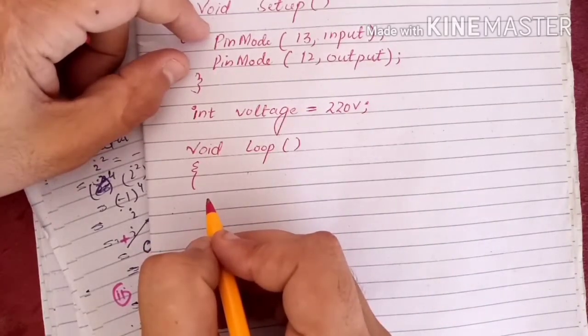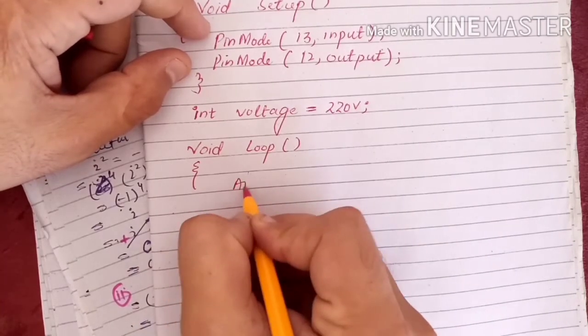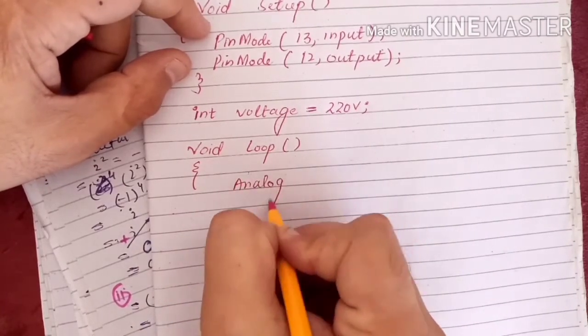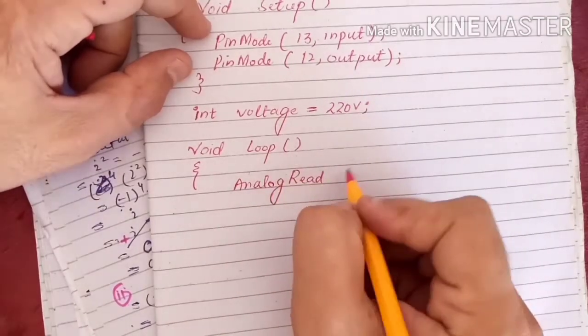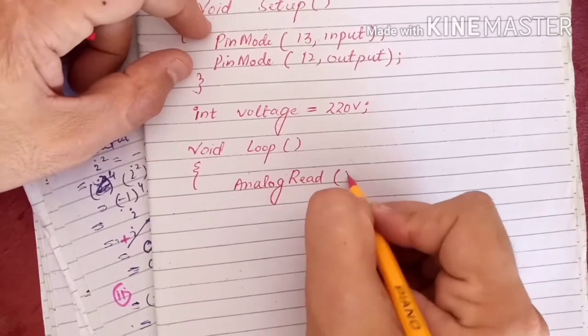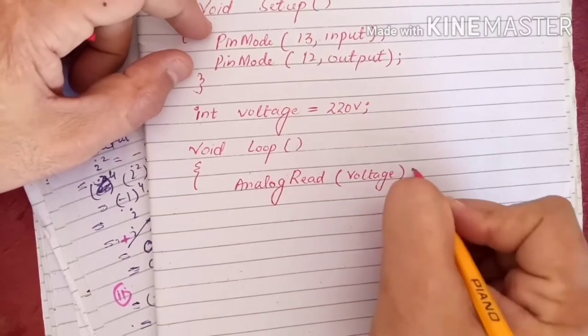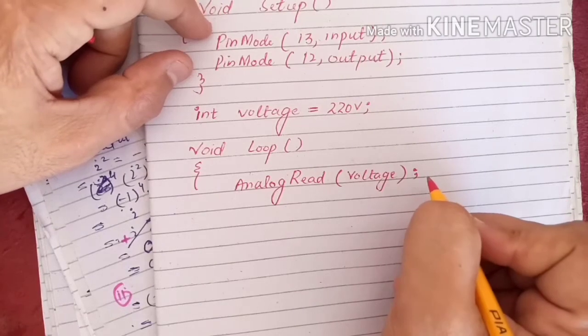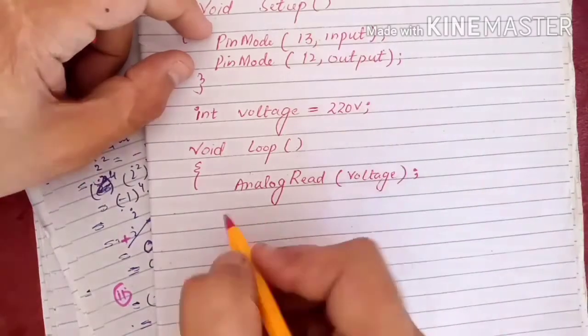Now we want to write analogRead. It will read the pin input whenever the supply comes from the supplier. So it will read the voltage, and once it reads that voltage, it will decide what to do next.